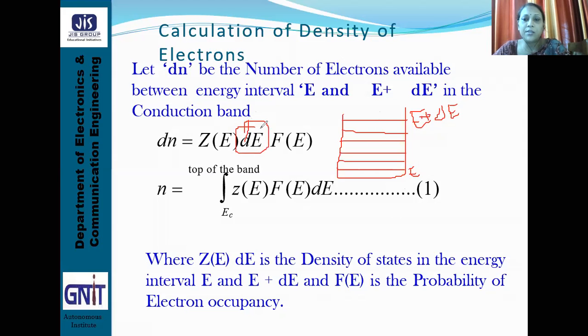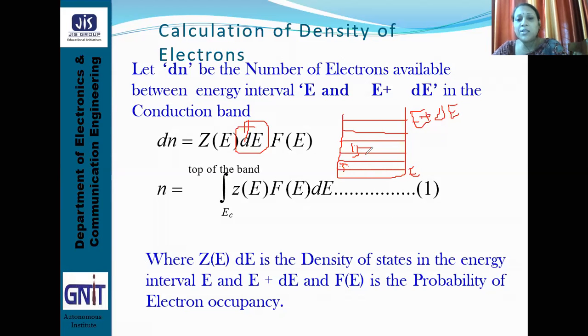So the range is dE or del E, and if we consider this energy level is 0.5 electron volt and this energy level is 1.5 electron volt, then the energy gap is 1.5 minus 0.5, that is 1 electron volt.